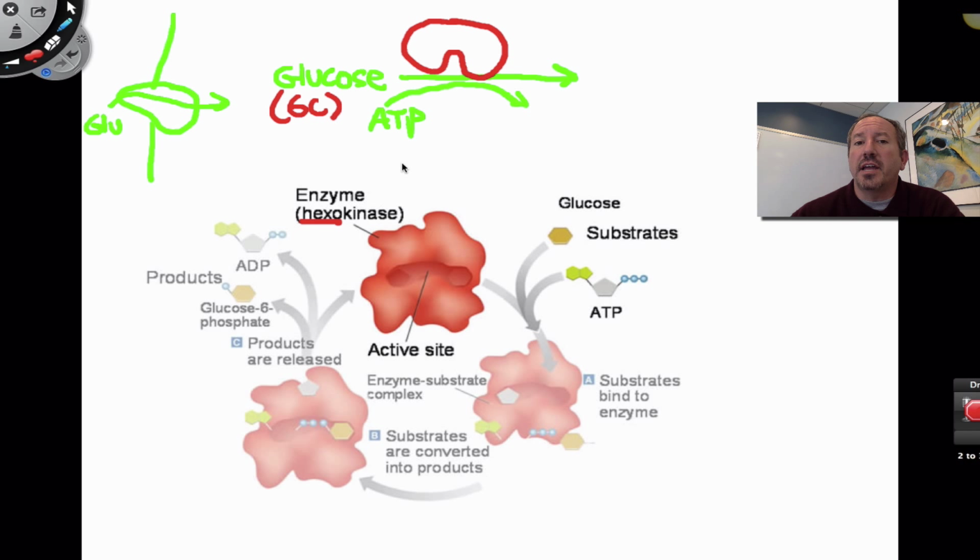A kinase is an enzyme capable of movement, transferring a phosphate from ATP to glucose. So there's the chemical reaction. So the product of this is glucose phosphate. And so there it is, glucose 6-phosphate, in reference to what carbon the phosphate is attached to.